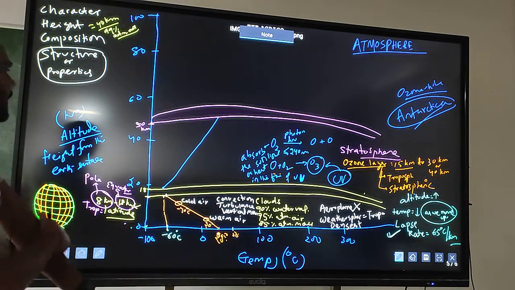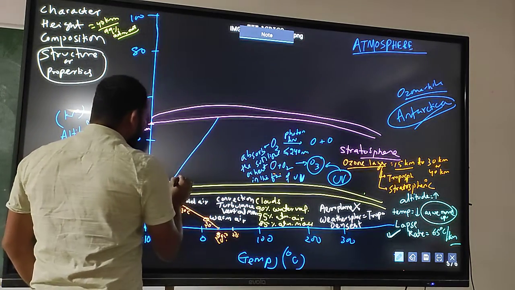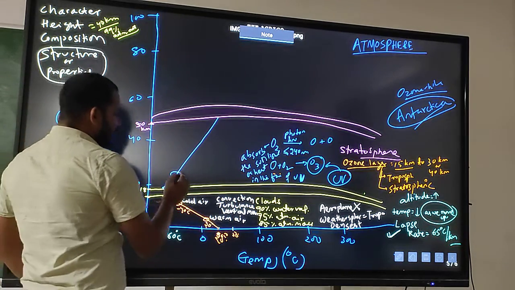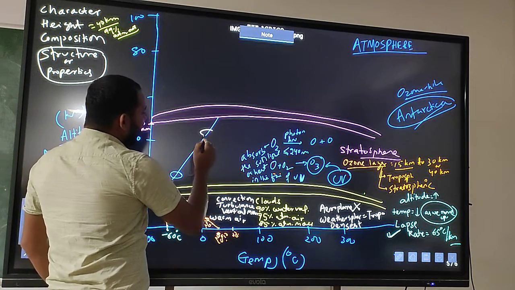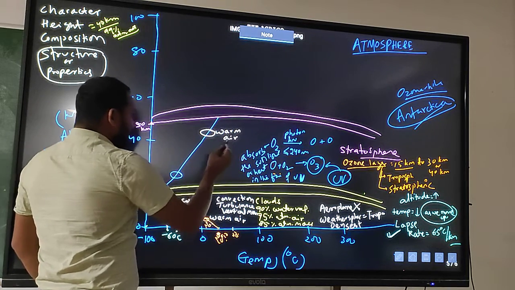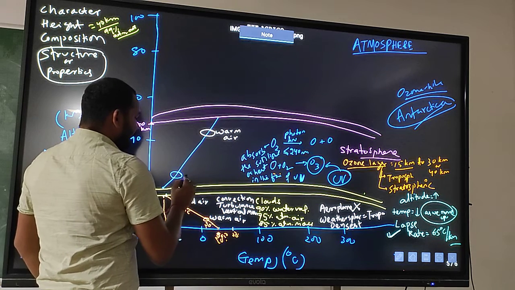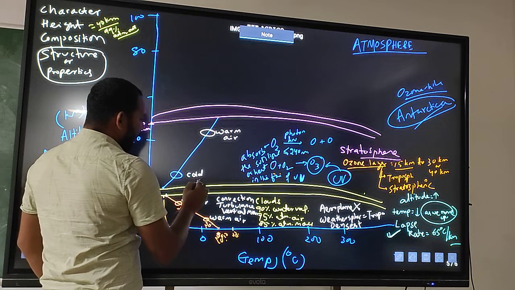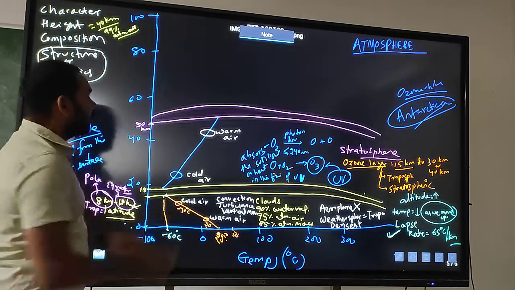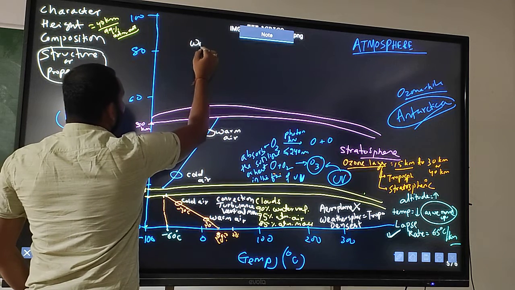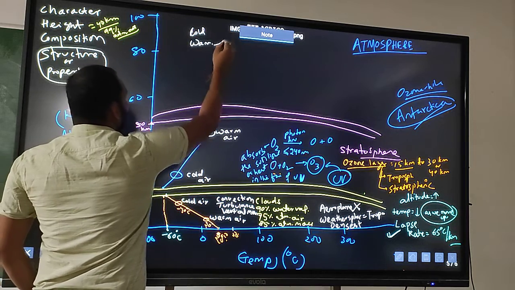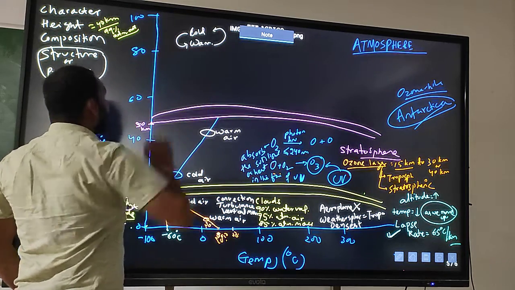So now you can say the temperature of the air present below is less. Yes or no? The temperature of the air present above is more. That means warm air is present above and cold air below. I have told you, if warm air is present below and cold air is present above, then warm air will move upward and cold air will move downward.